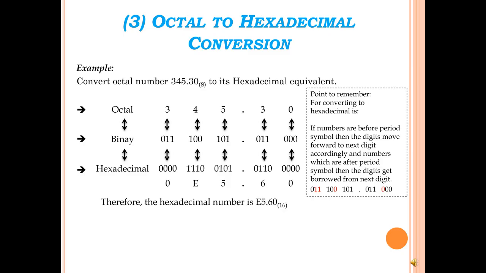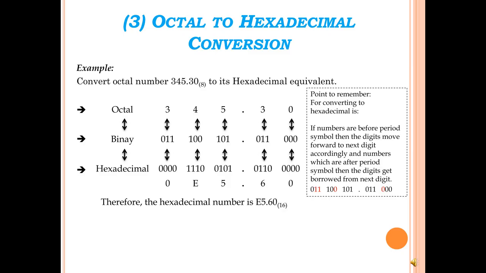Now a question might come to your mind: in the first number we have selected 2 digits, and in the next number we have selected only one, because as per the concept, it is 0, 1, 2. That means 3 is with the valuation of power of 2. So the two digits from the binary number at the end will move forward to the next, and one digit in the last will move forward to the next.